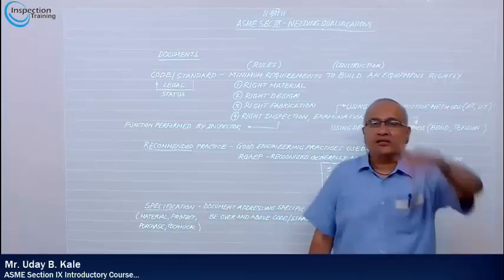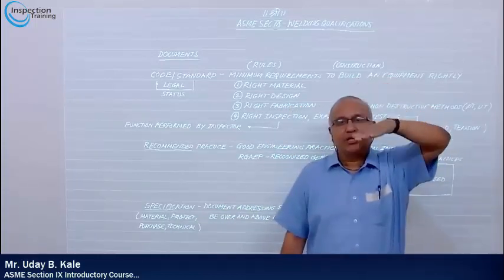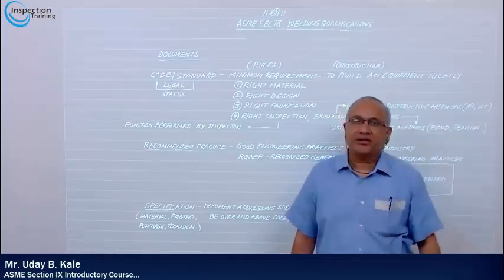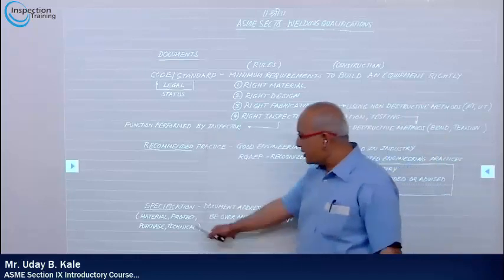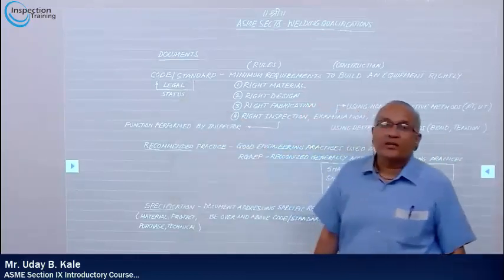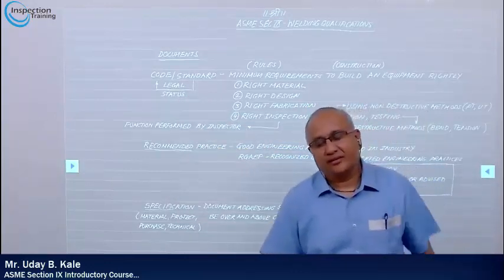The highest status of the document will be specification, then the code or standard, and then the recommended practice. So though I have written it in this manner, this is first, this is second, this is third in terms of prioritizing.